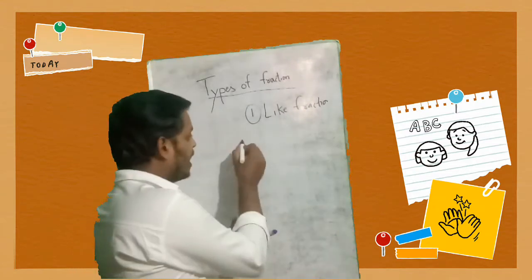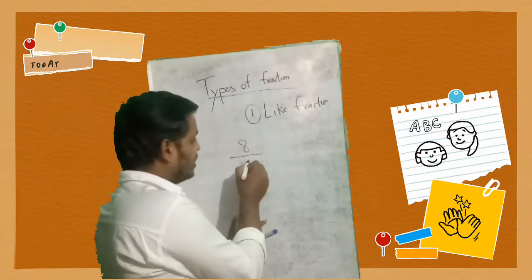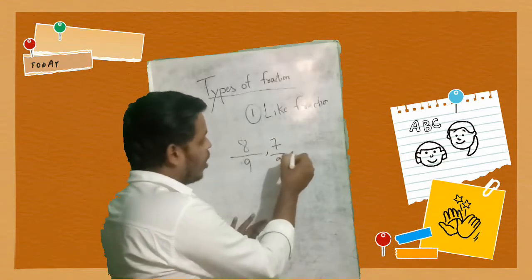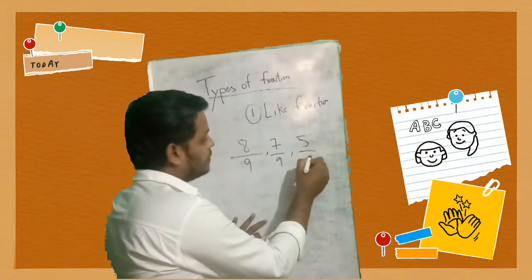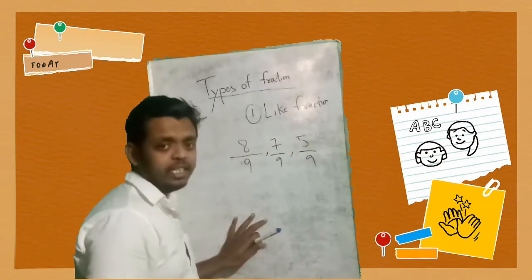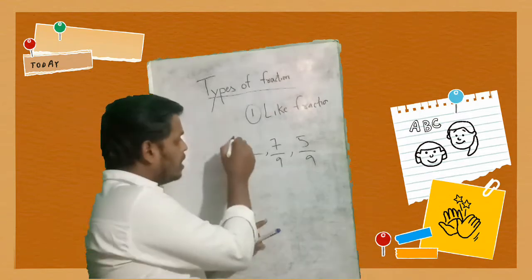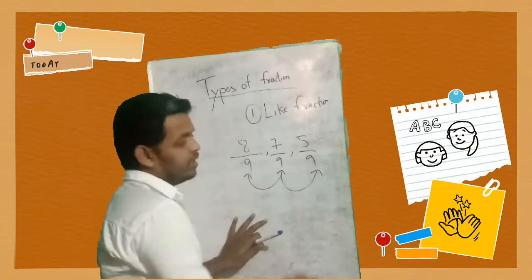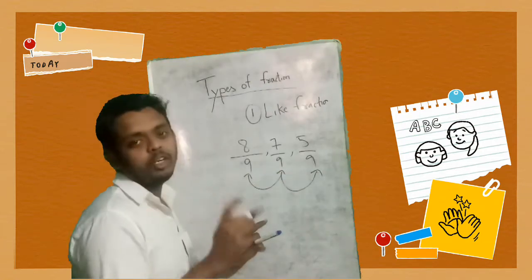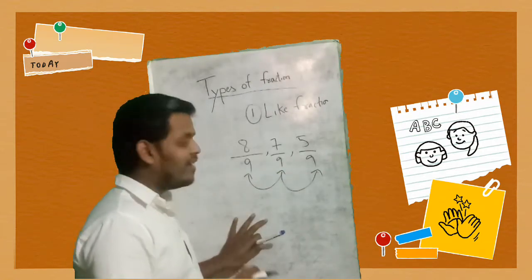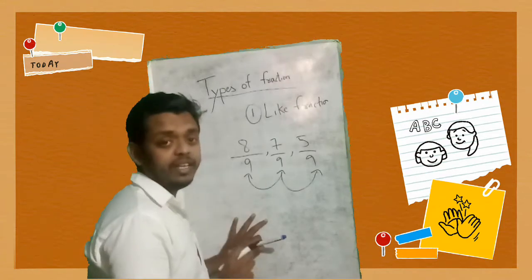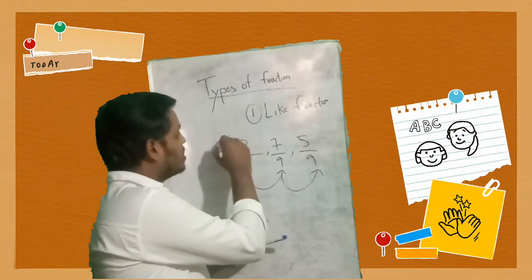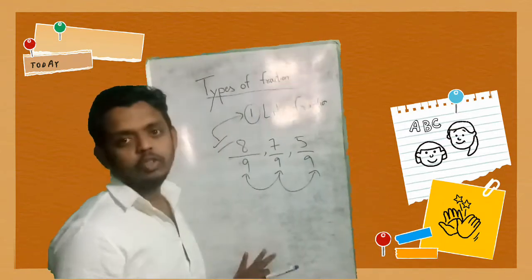That is, if I write 8 by 9 or 7 by 9 or 5 by 9, you can notice all these three fractions have the same denominator, that is 9. When all the fractions that are given have the same denominator, those types of fractions are known as like fractions.